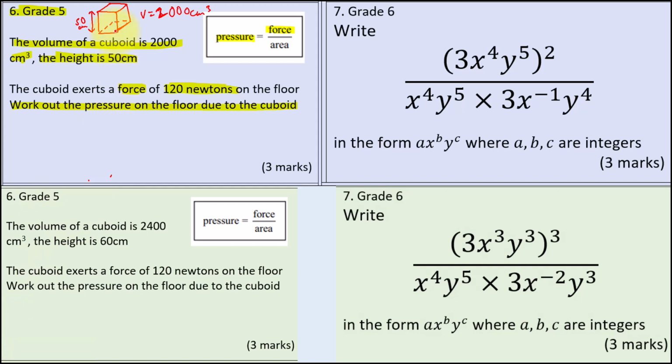So what we're trying to find here is this area at the bottom of the cuboid. Now we've got the volume equals 2000, so we just need to do 2000 divided by 50, which hopefully you know is 40.